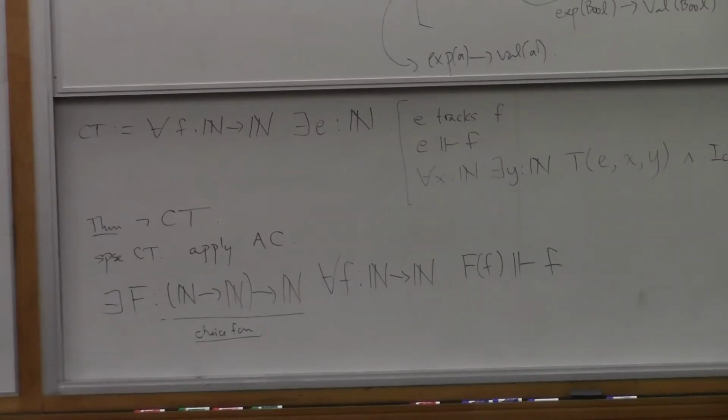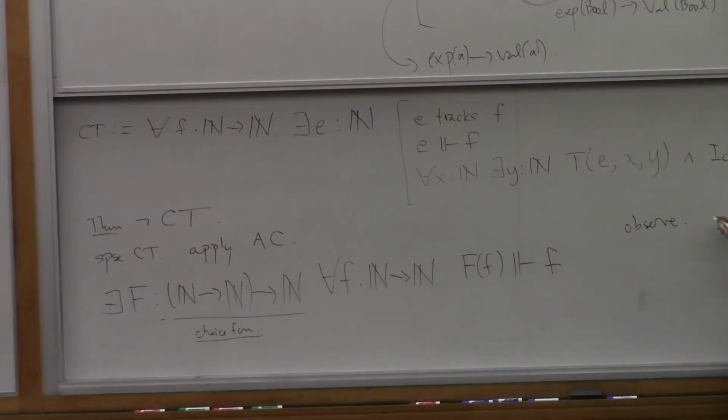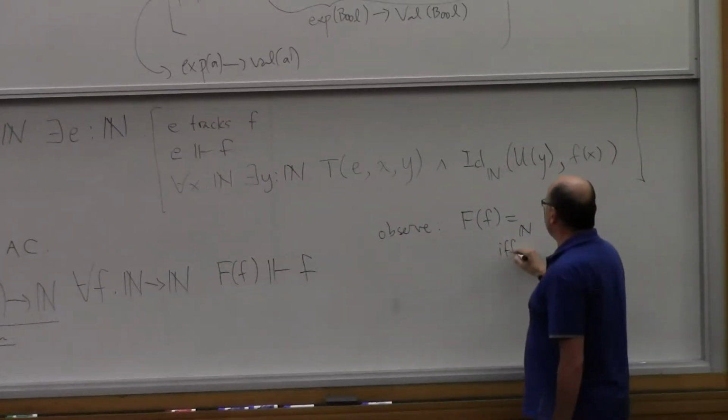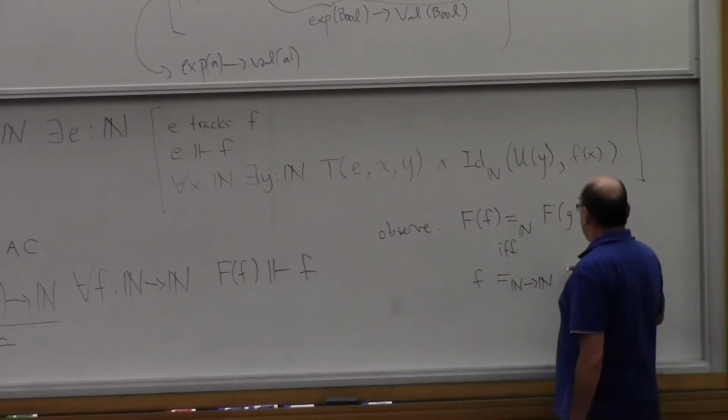That's the definition. That's a result of the axiom of choice. So what we now can observe, as it follows from this, is that F of f is equal in N to F of g if and only if f is equal in N arrow N to g.